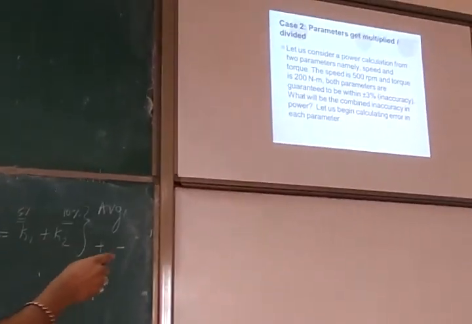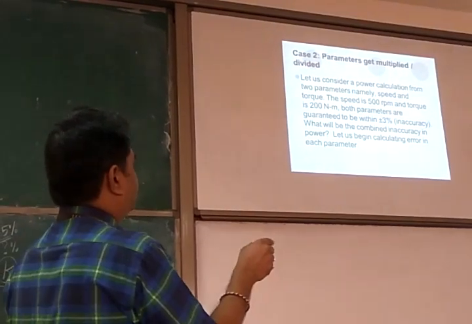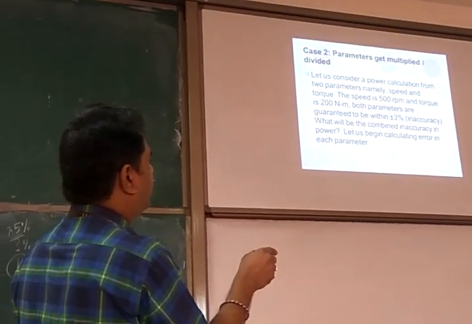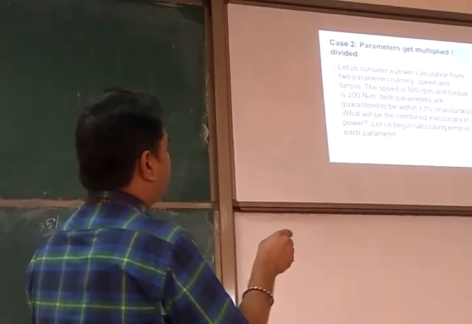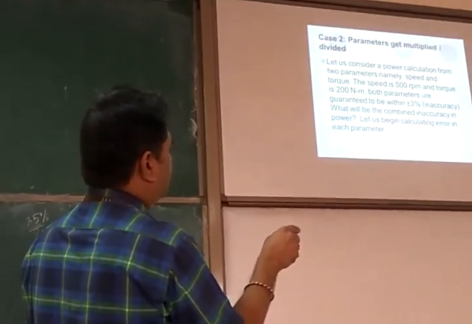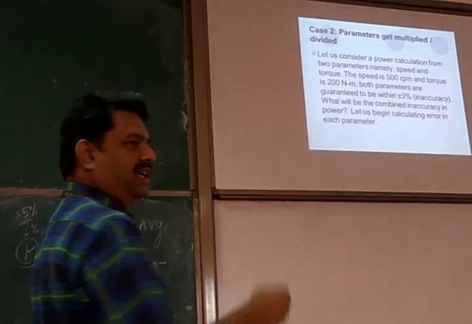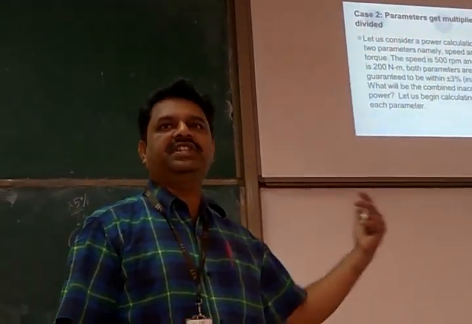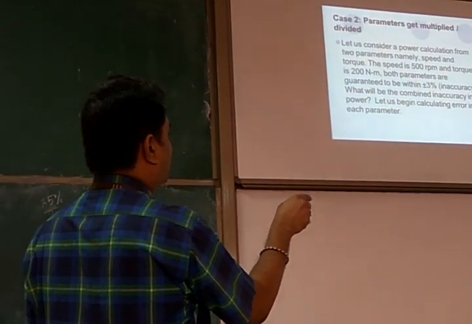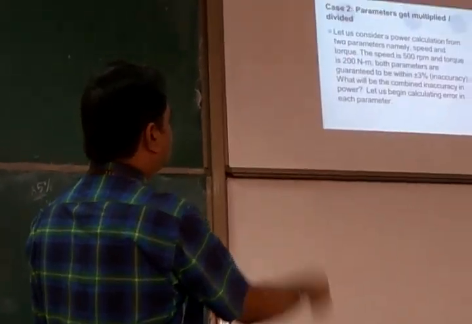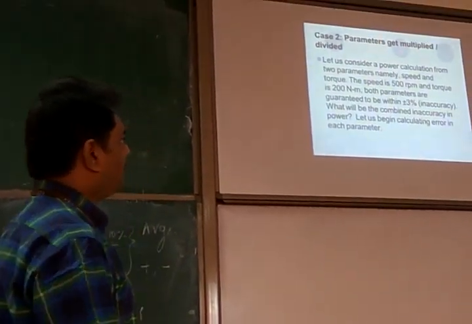Another one, you take a power calculation with the speed of 500 rpm and torque of 200 Newton meter. Both parameters have uncertainty attached of 3%, 3%. That means this is also with 3% uncertainty I am making measurement, and this is also with 3% uncertainty.